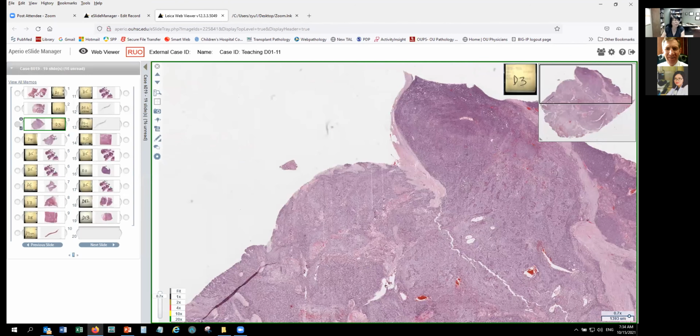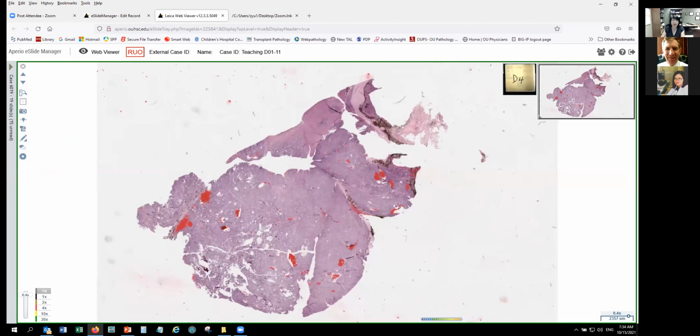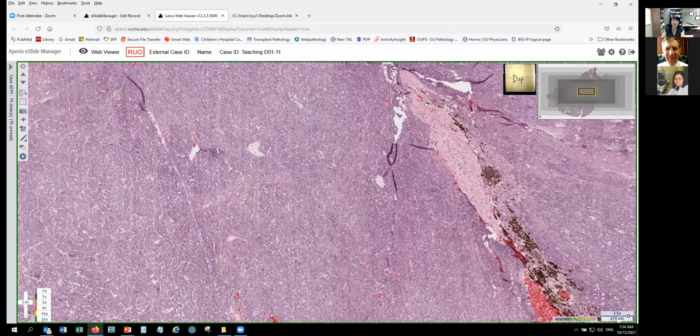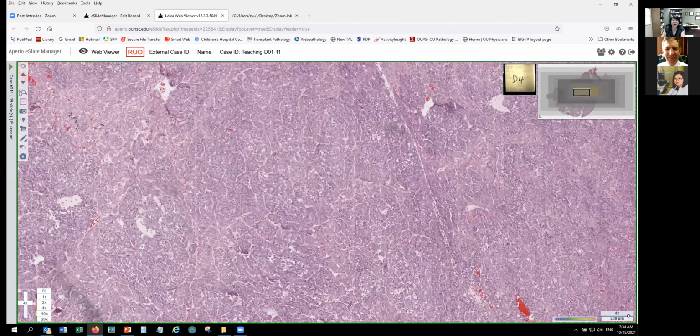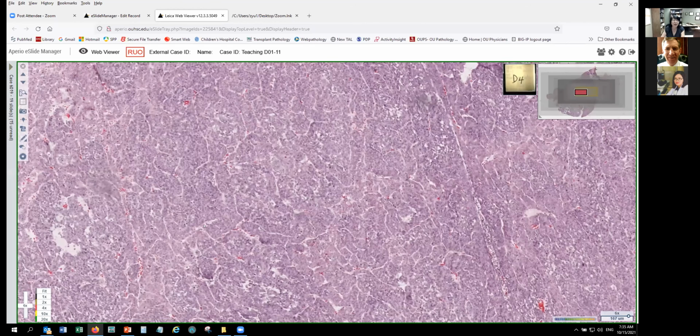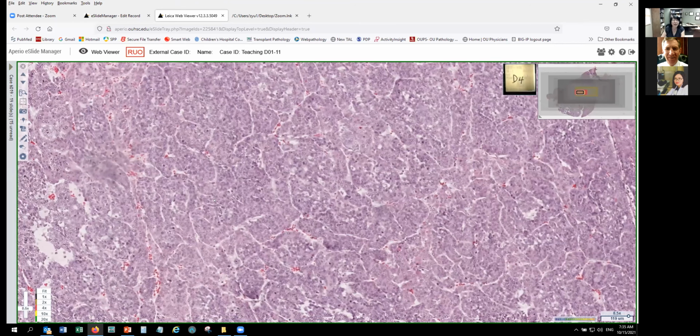Let's call it D4, same patient. This one I'm going to try to show you is this arrangement. You can see at low power almost a trabecular arrangement. This kind of type we call the macrotrabecular pattern.